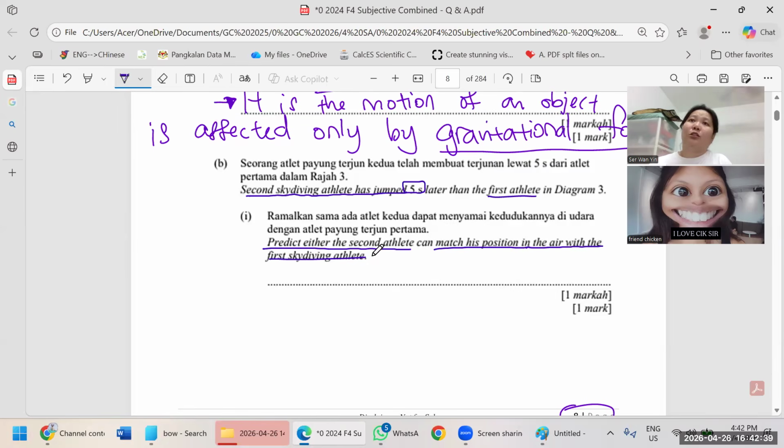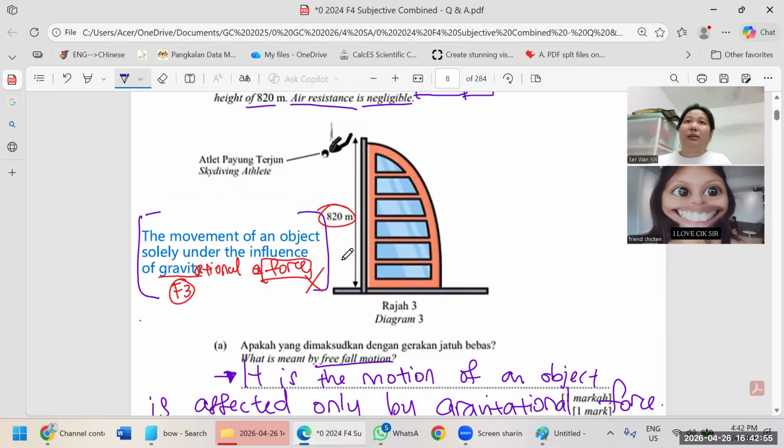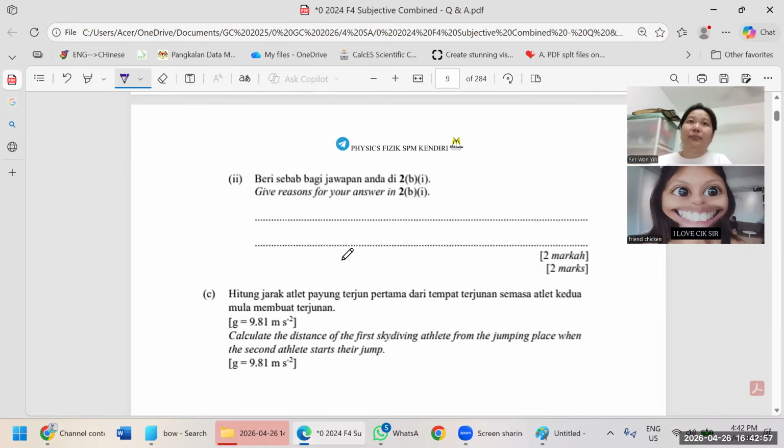What is the meaning of match of position? Does it mean reach the same height? If like that, no. Reach the same height cannot.